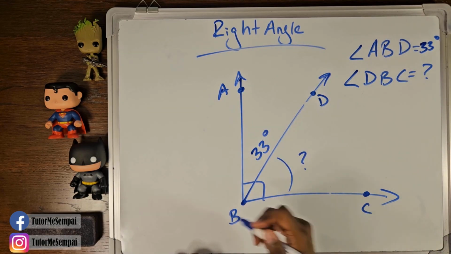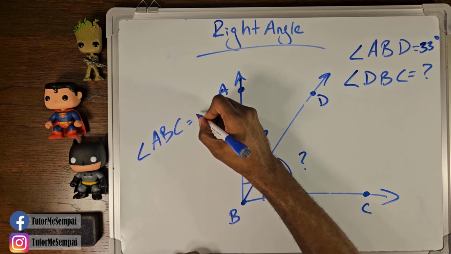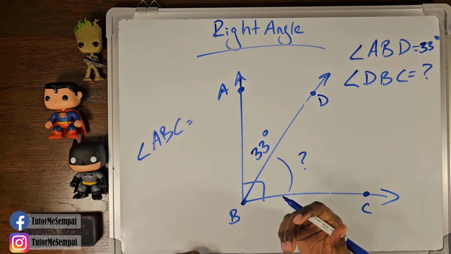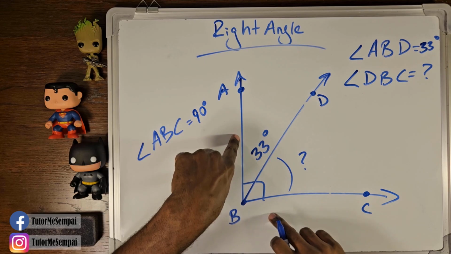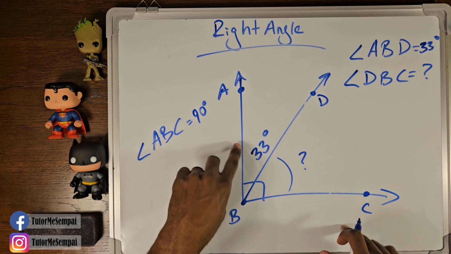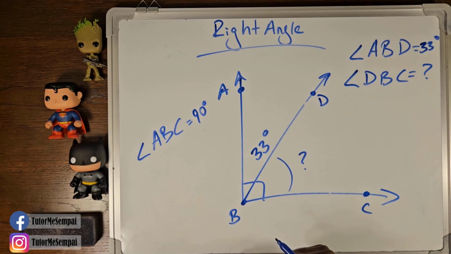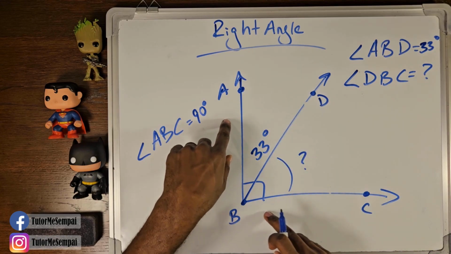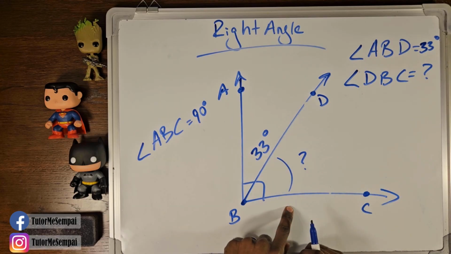Well, if we know the big angle, angle ABC, is a right angle, what's the measurement of a right angle? 90 degrees. So if the big angle is 90 degrees and all we did to get these two small ones was cut into two pieces, that means that by subtracting this smaller angle from our big angle, we should be able to find this missing angle here.